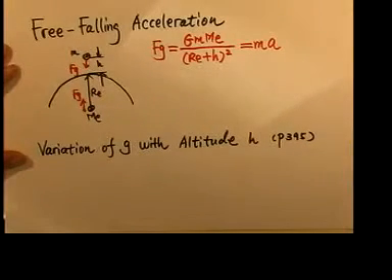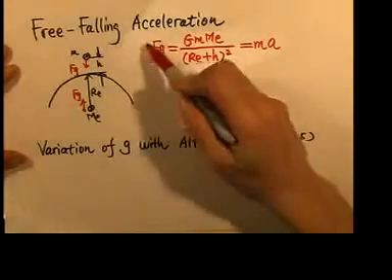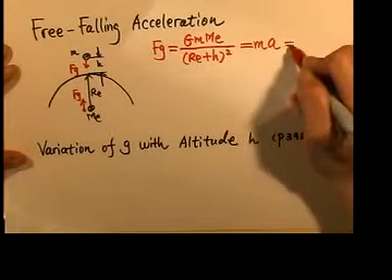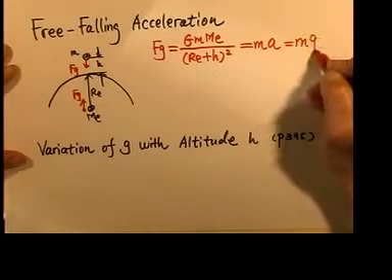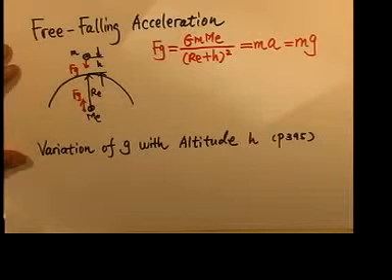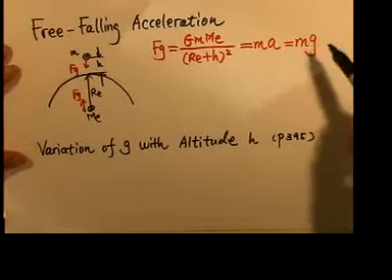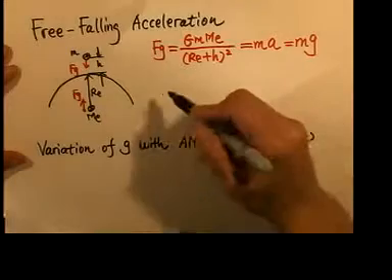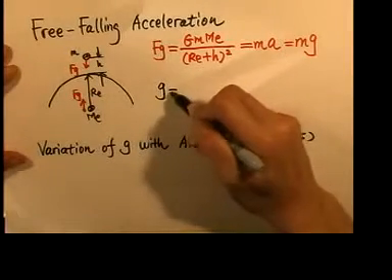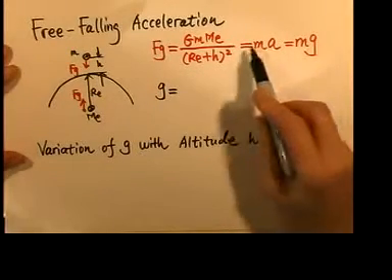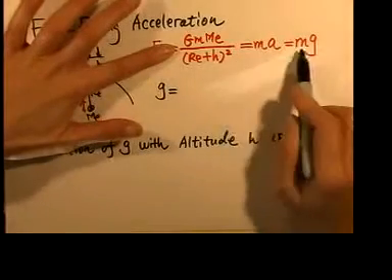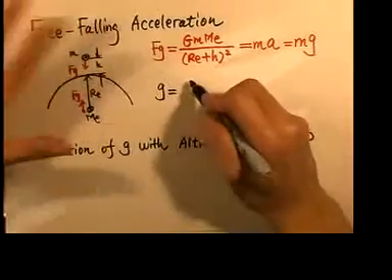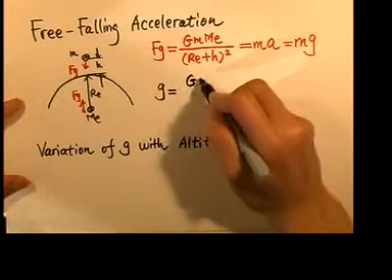This acceleration is special because it's caused by gravitational force, so we give it a special symbol, little g. This little g stands for the gravitational acceleration constant. If we want to get the value of little g, as you can see, when mass m cancels, this little g equals capital G.